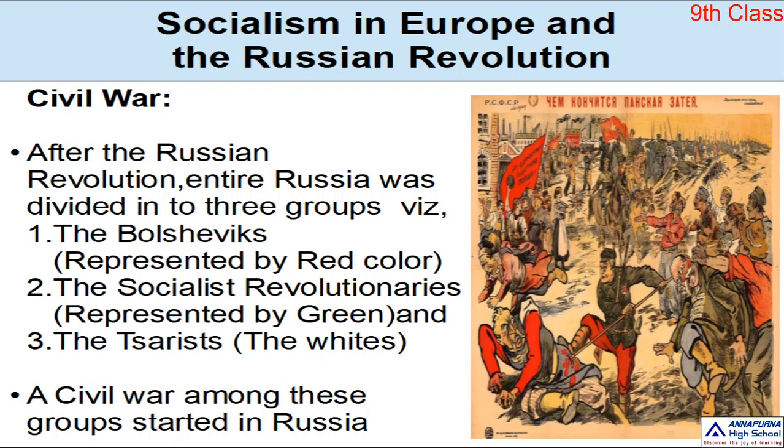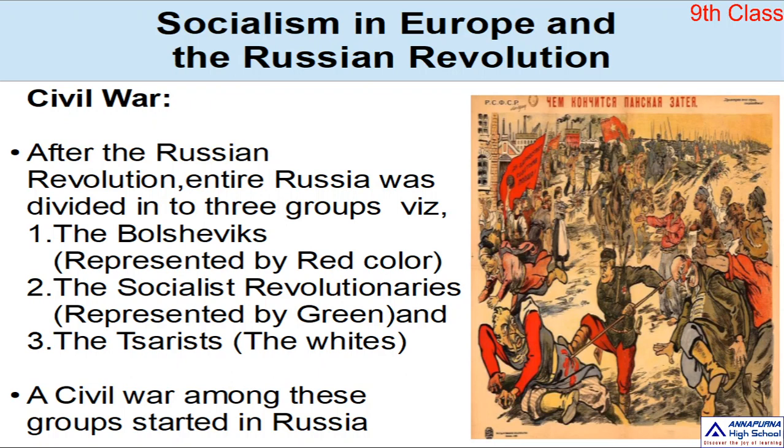That's the second group. And the third group was the supporters of the Tsar, or Tsarism. And these are represented by the color white, my dear children. So the entire society in Russia was divided into these three groups: Bolsheviks, Socialist Revolutionaries, and the supporters of the Tsar.